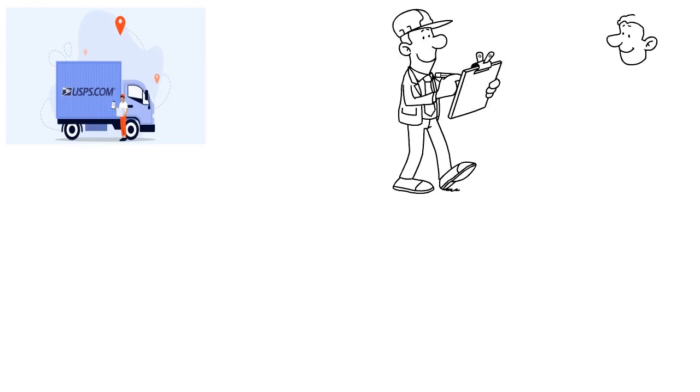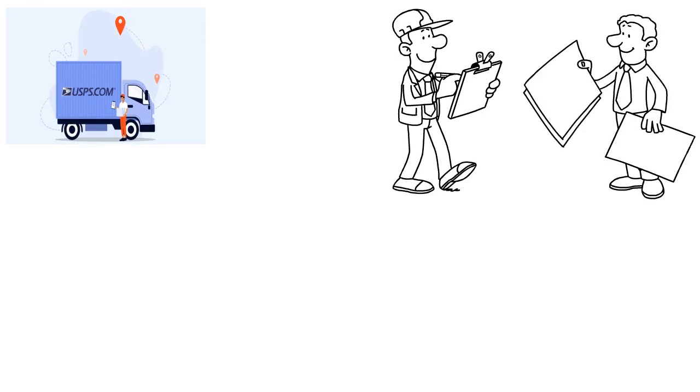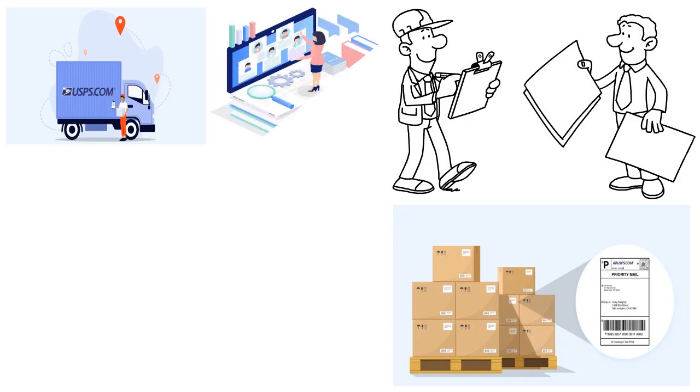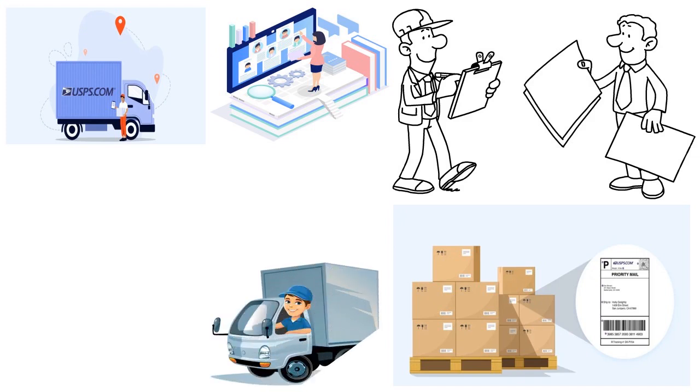It's more than that, because Click and Ship, now called the enhanced Click and Ship program, offers free boxes, envelopes, printable customs documentation, and also shipping labels. It's one of those things where you are able to get things done a lot faster. Again, USPS, through the Click and Ship experience, is trying to put power back in the hands of customers. And that's really important.